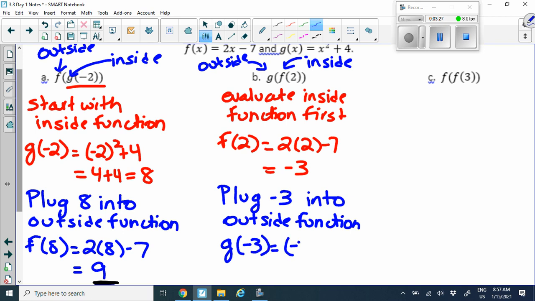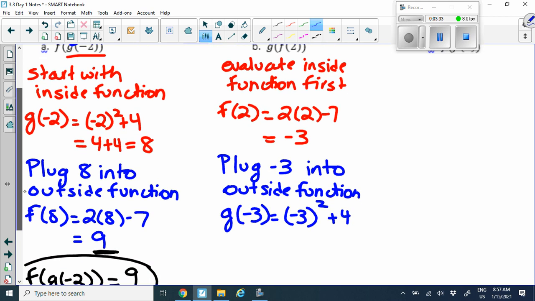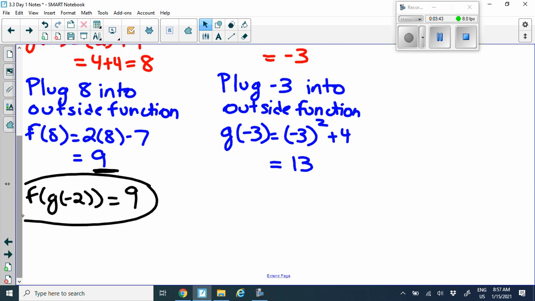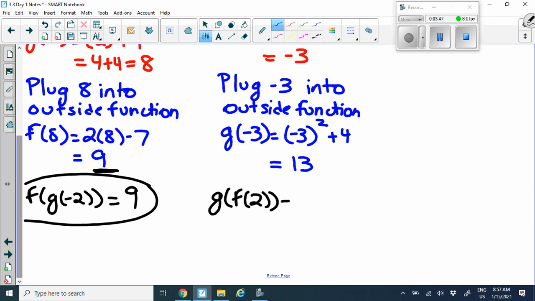Don't forget, we need to put -3 in parentheses, do squared, and then plus 4. And then from here we get 9 plus 4, which gives us 13. Now this number that we got, 13, is my final answer. So when I do g of f of 2, it's going to be 13.